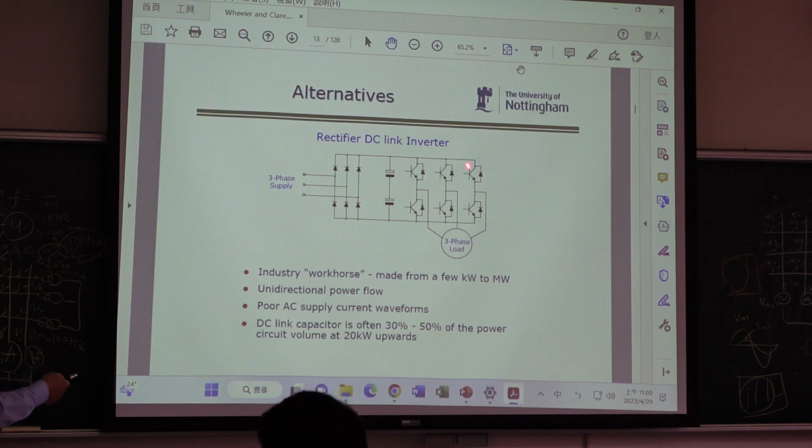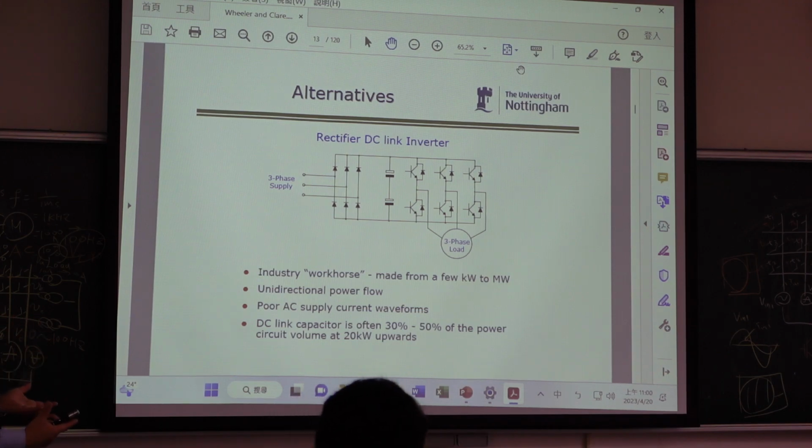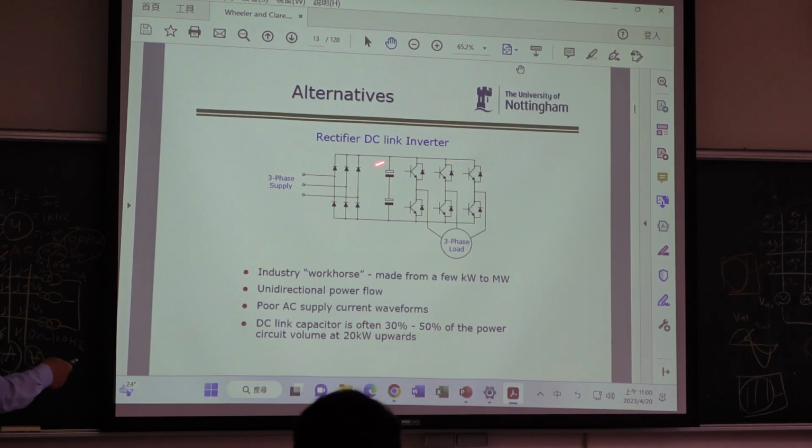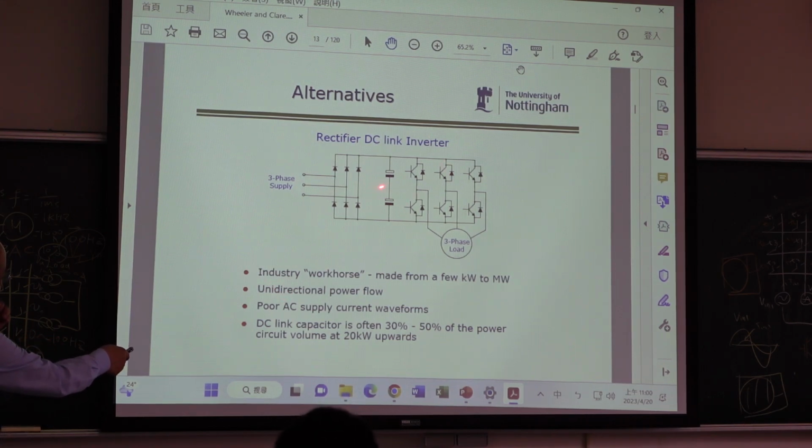If you have an elevator, when the elevator goes down, it can generate energy for the power company. Then the power company should pay money to the user. Because I regenerate energy to Taipower company, every year Taipower company should give me money because I provide energy to Taipower company. But now you cannot reverse.